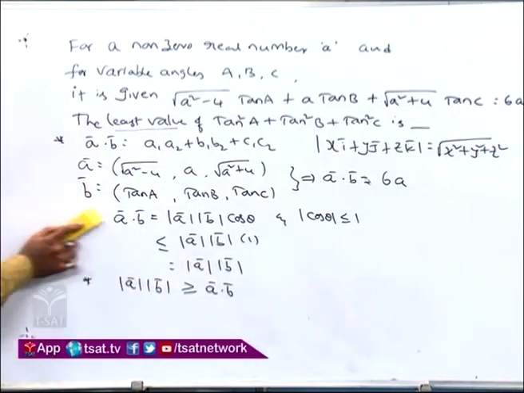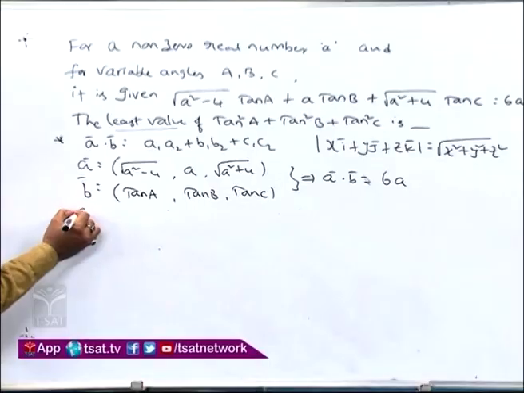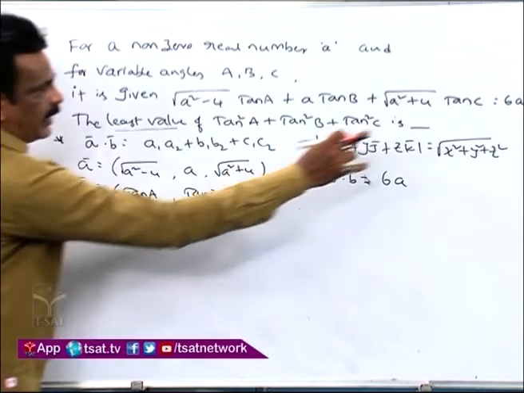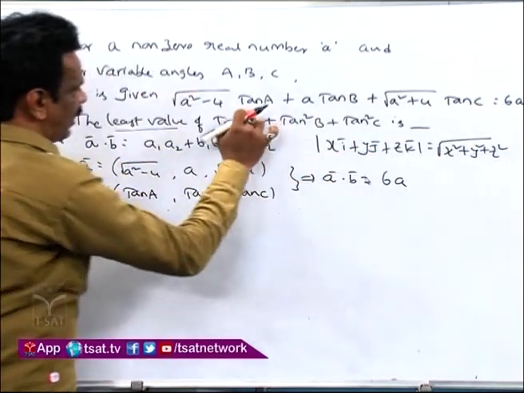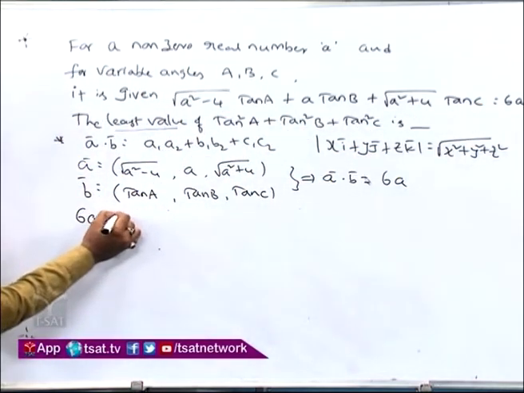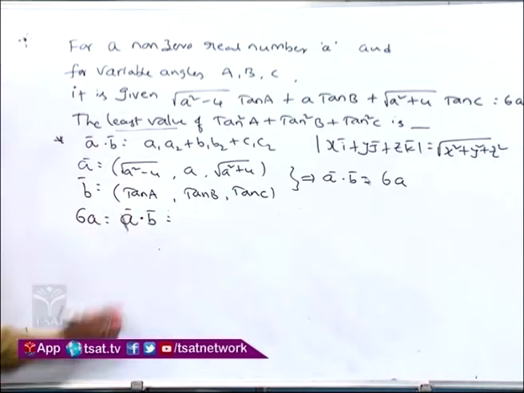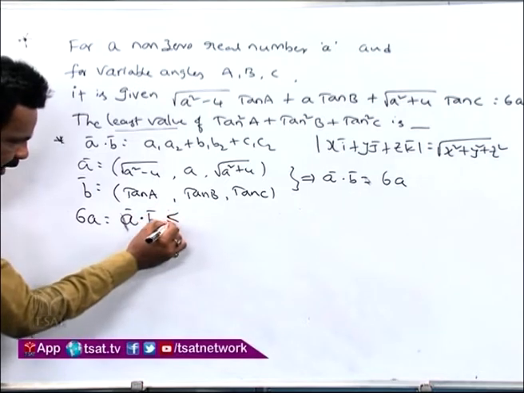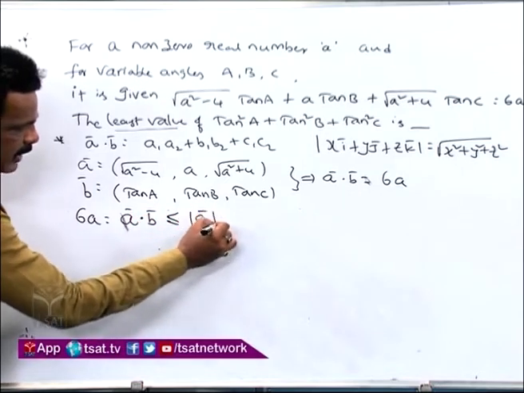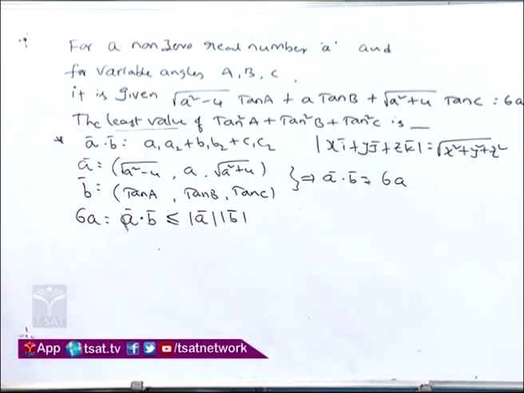So in what manner? Here we were given 6a, the given expression, and it is found to be a bar dot b bar. But it is less than or equal to mod a bar into mod b bar. So 6a is the given expression that is found just now to be a bar dot b bar, and we have just studied that a dot b is less than or equal to mod a bar into mod b bar.